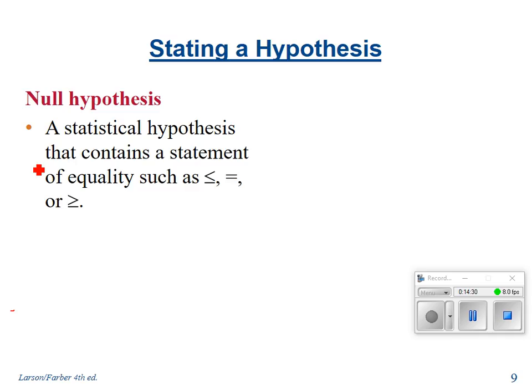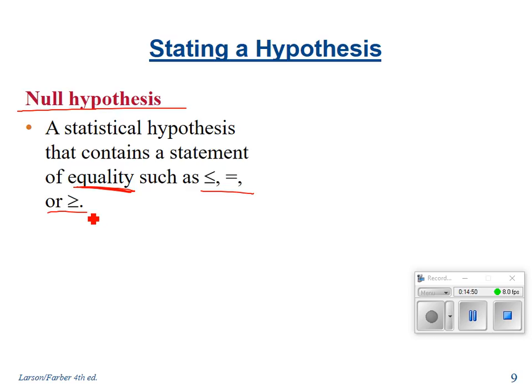All right, the null hypothesis. This is probably the most important thing in this whole chapter. The null hypothesis always has to have an equality statement in it. And that's one of these three: equal to, less than or equal to, greater than or equal to.